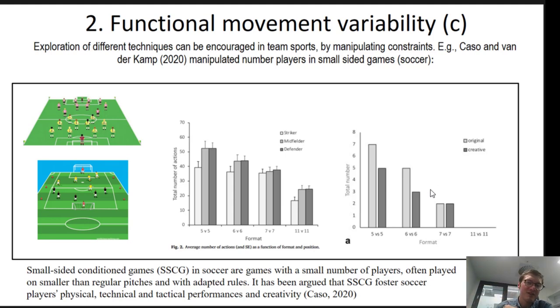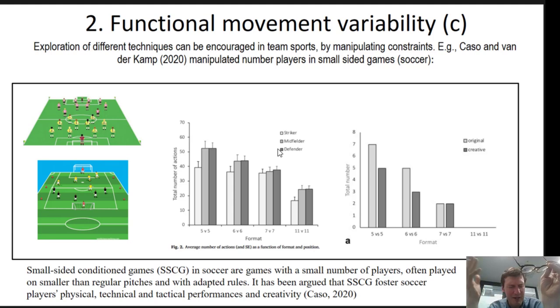And some of this data that I'll talk through was designed to see whether or not small-sided games facilitated more creative behavior compared to full-sized formats. Small-sided games essentially is you keep the number of players the same, but you reduce the area in which they're playing. So there's a greater player density for a given area.